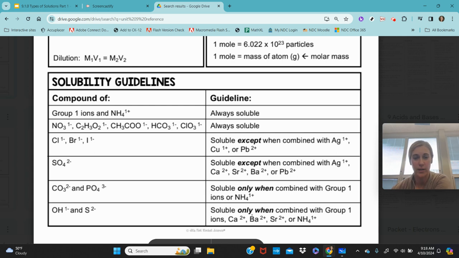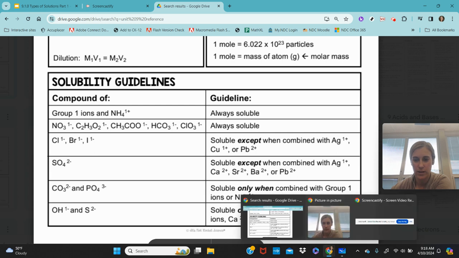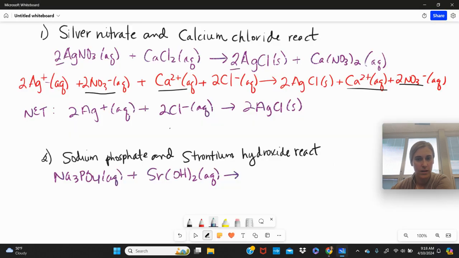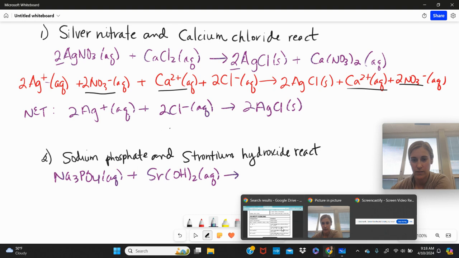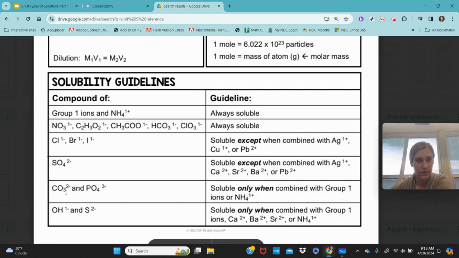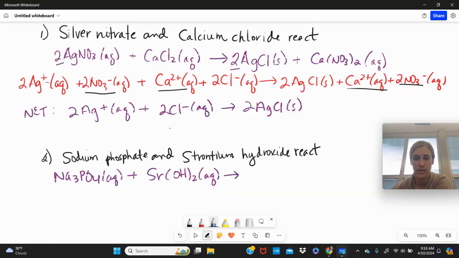Sodium falls in that category. So that is soluble. And then the other one was, again, strontium phosphate. So strontium phosphate, here's phosphate here. It says soluble only when combined with group 1 ions or ammonium. So strontium phosphate is my solid.